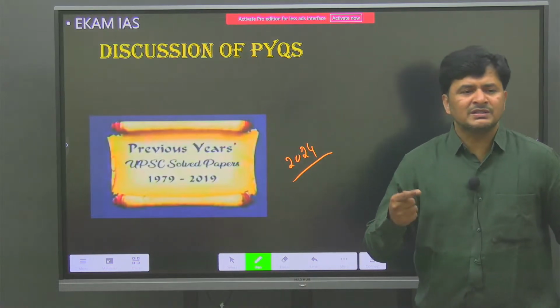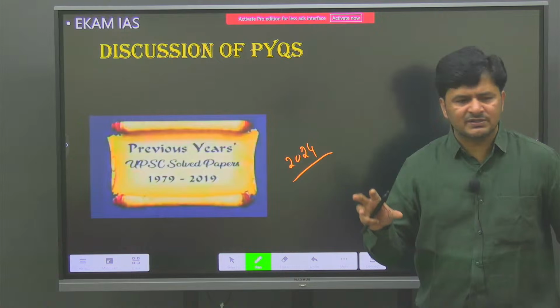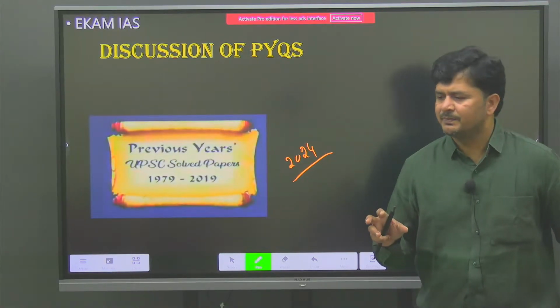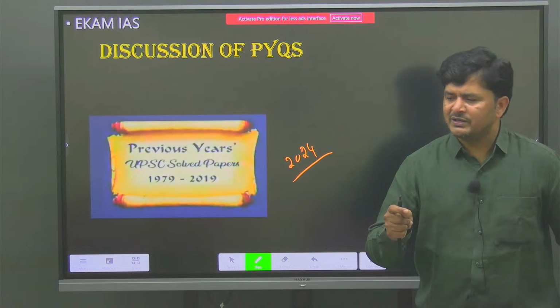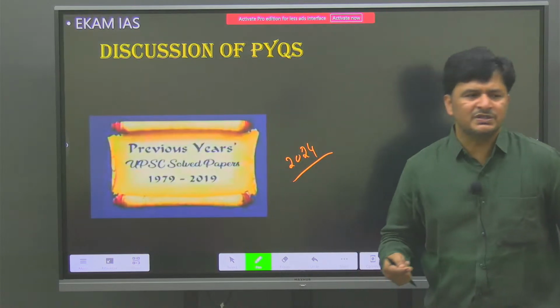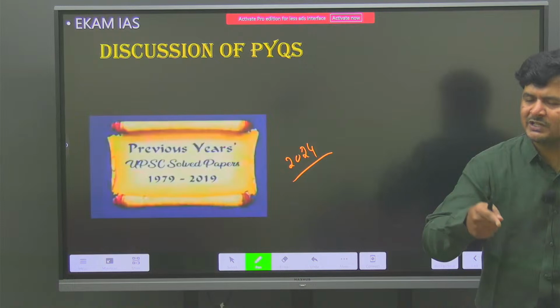So how the questions have been asked and posed in previous years of optional history, understand that. With this knowledge, we can easily conquer UPSC General Studies mains. With this knowledge, we can easily conquer the State Public Service Commission.